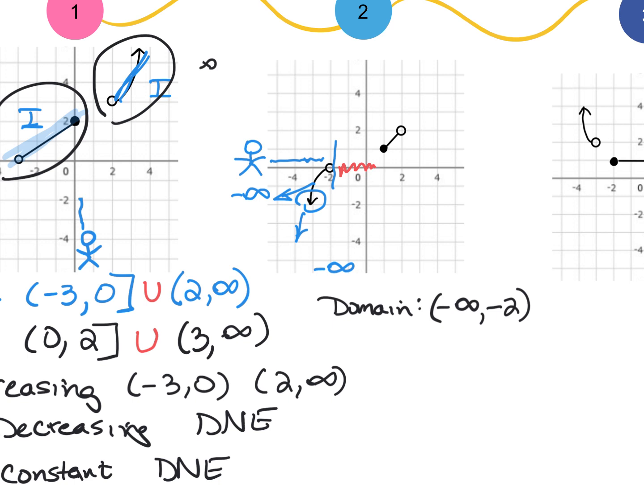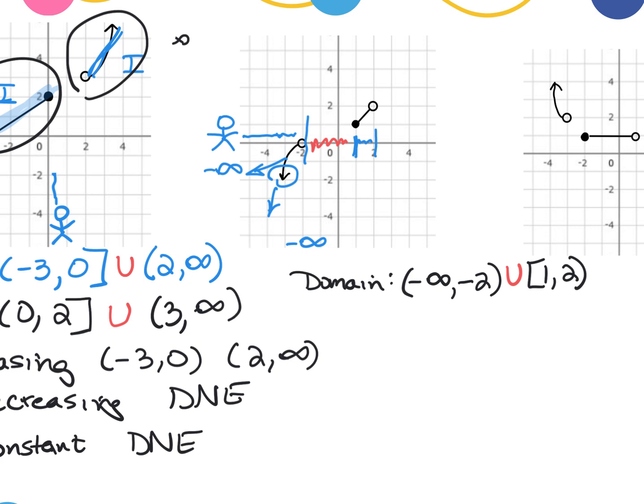Then the next place I hit an x value is right here at 1, and it's a closed circle, so it's a bracket. And then my next x value where it stops is at 2, and it's a parentheses. And that's your domain.